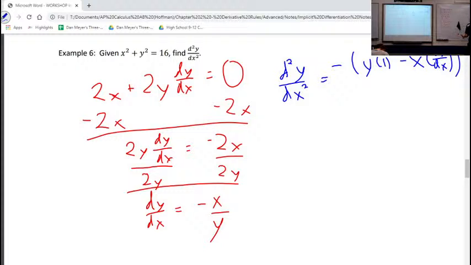This final answer is going to be really cool, by the way. We just need to get there. Over the square of what's below.